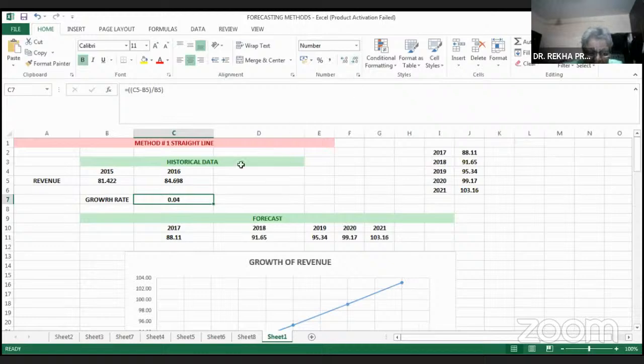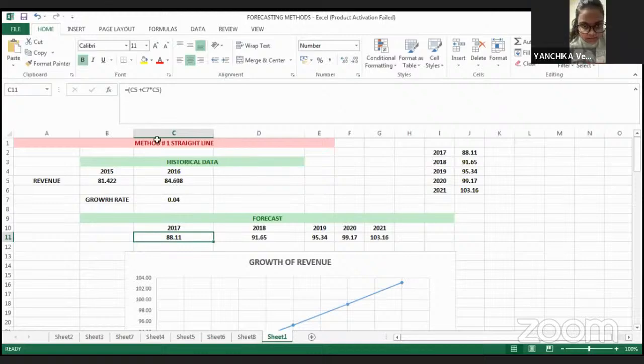So 2015 and 2016 are given to you, and 2017 you calculate. This is the formula: whatever is the value in C5 plus C5 into the growth rate. You just drag it and it will copy the formula relatively.